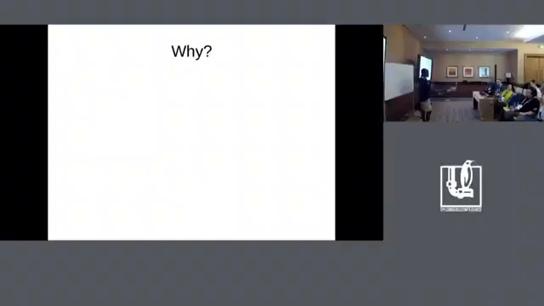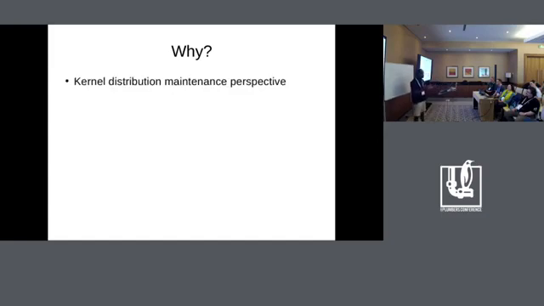So first of all, why are we interested in looking at the kernel module interface from a binary standpoint? This is mainly due to the fact that we're having a different perspective here. We're having the perspective of a kernel maintainer who is usually dealing with long-term support versions.